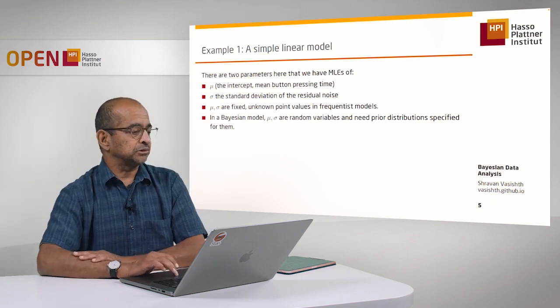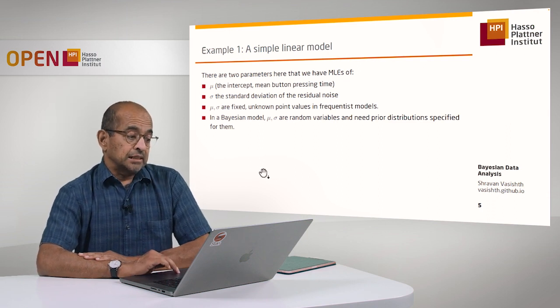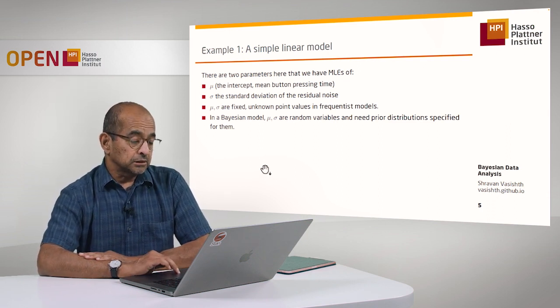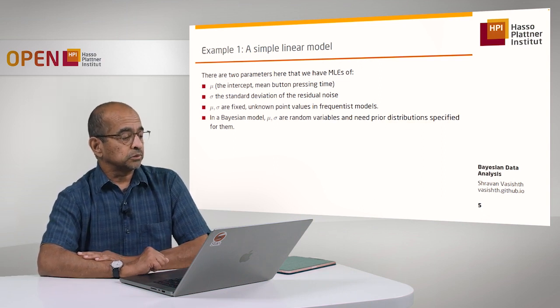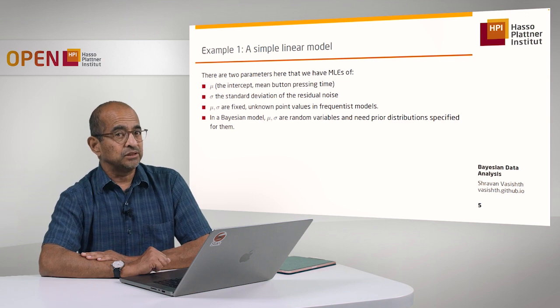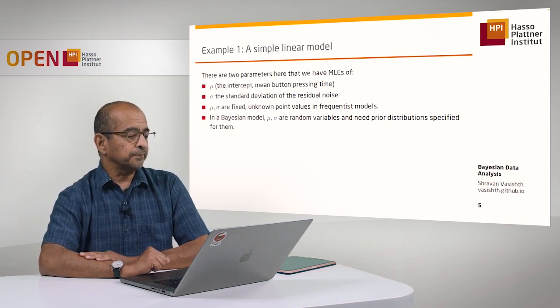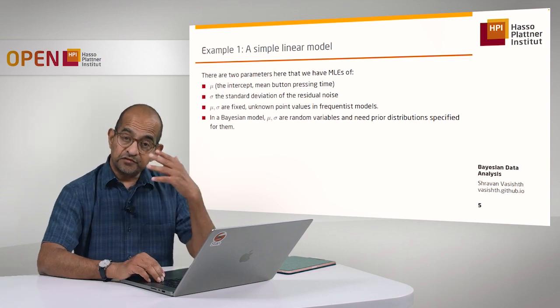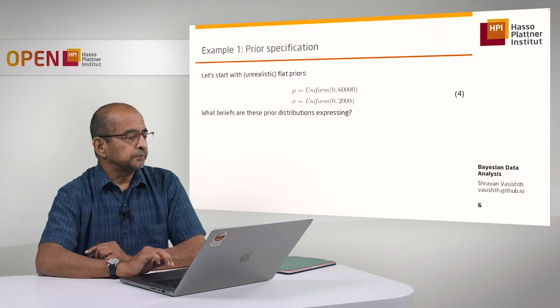That's the prior distribution. This is in stark contrast to the frequentist approach, where mu and sigma would be unknown fixed values out there in nature. This is a very big departure from that assumption, and it has far-reaching implications for data analysis, as I will show you later.